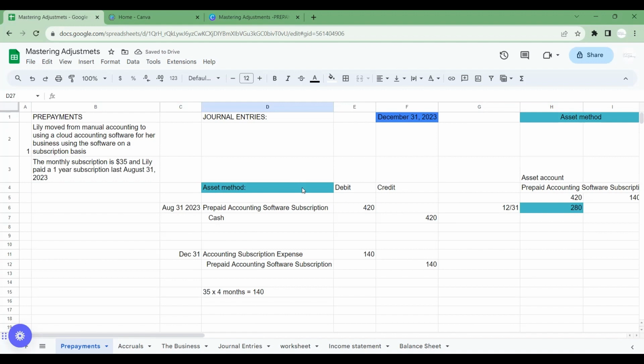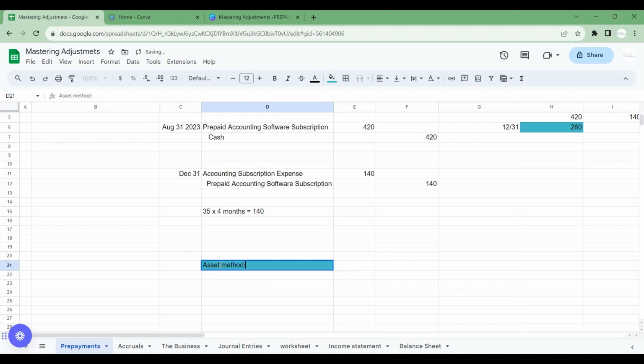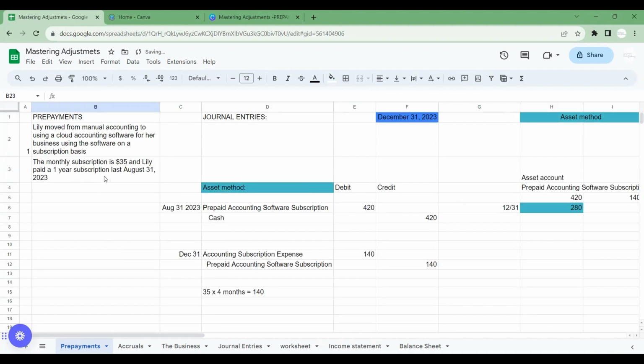So now let's go ahead and prepare the expense method of accounting for this kind of prepayment. That would be the expense method. Let's copy this one.